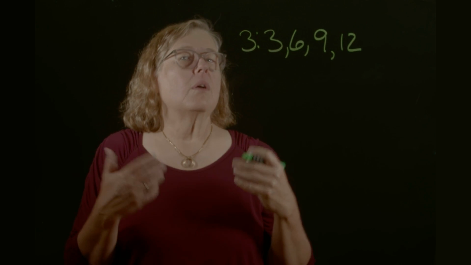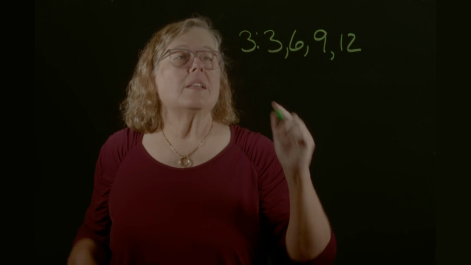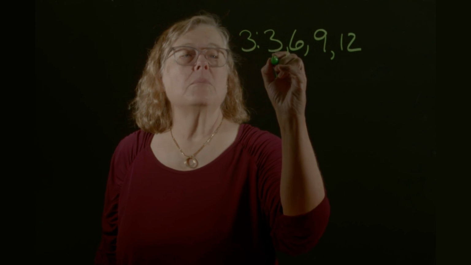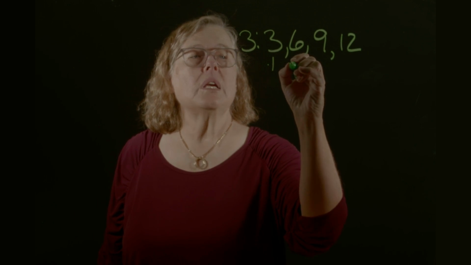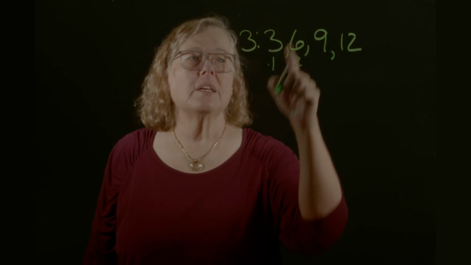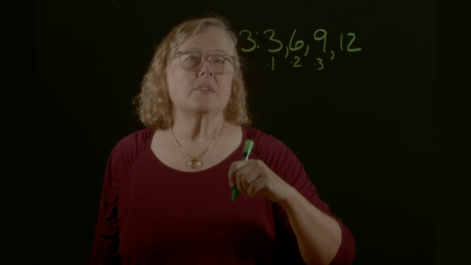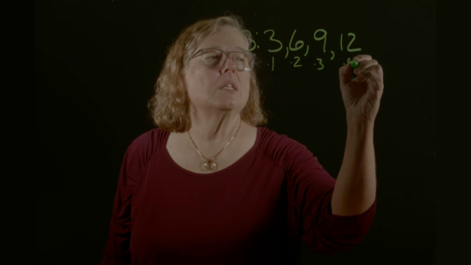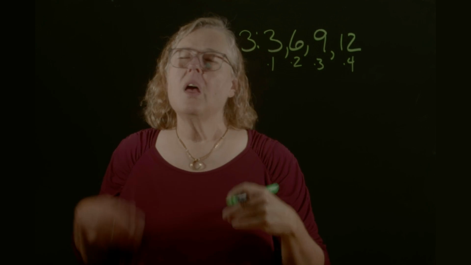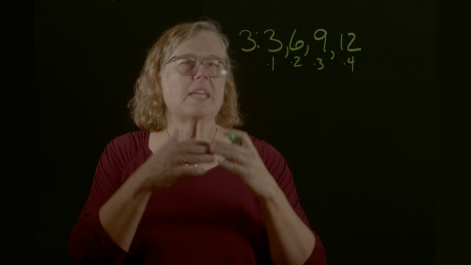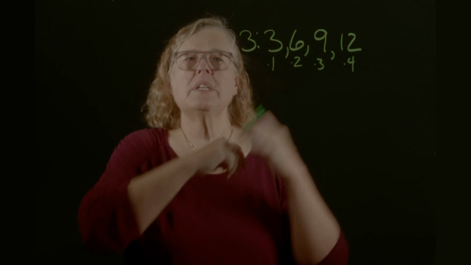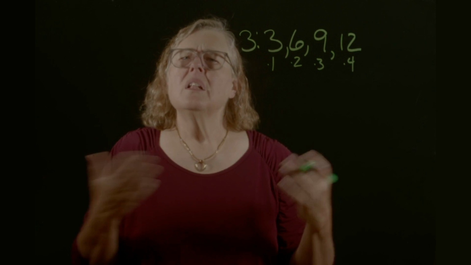Or we could multiply. This is 3 times 1. This is 3 times 2 is 6. This is 3 times 3 is 9. This is 3 times 4 is 12. That's all skip counting is. It's just increasing by this number every time. 3, 6, 9, 12.